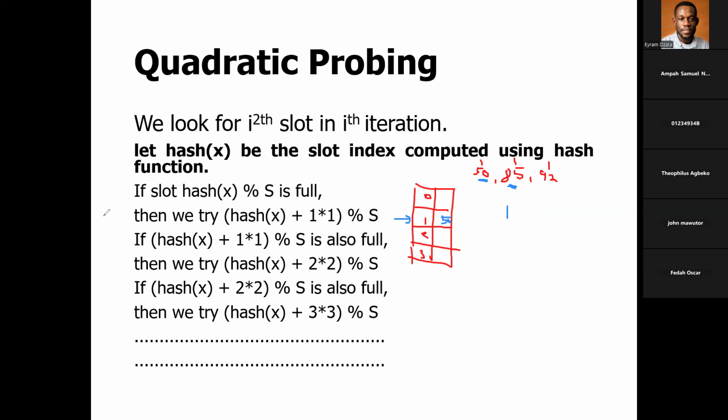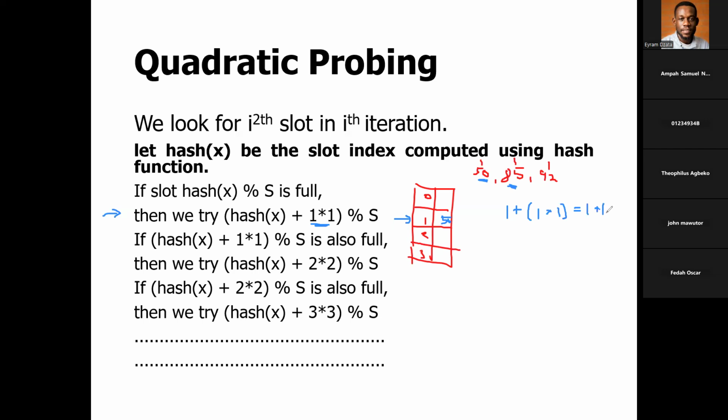So quadratic probing is saying that if that hash value is full, then we should try hash plus the ith value squared. So this will be plus 1 times 1, or 1 squared.